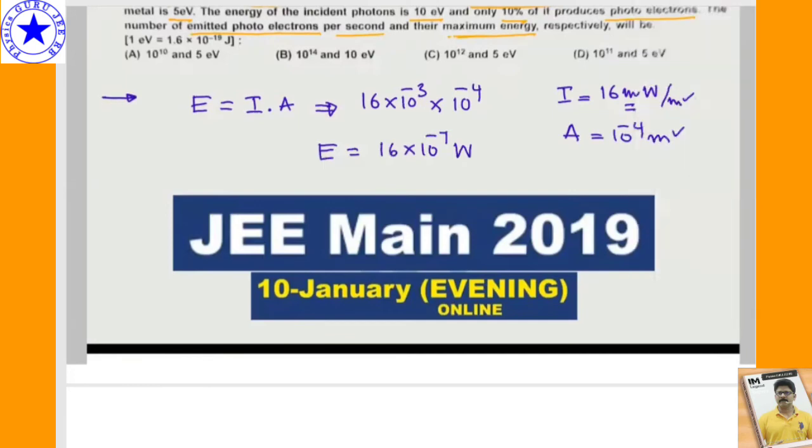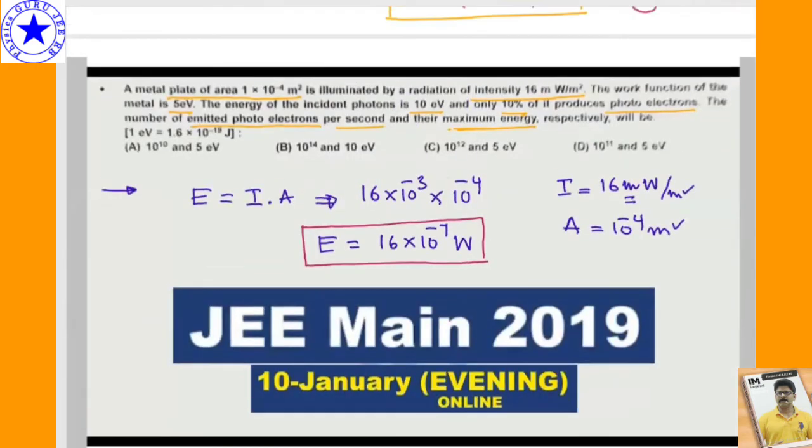So E is equal to 16 into 10 to the power of minus 7 watts. We want to calculate the number of photoelectrons ejected per second. You can write E divided by 10 electron volts.